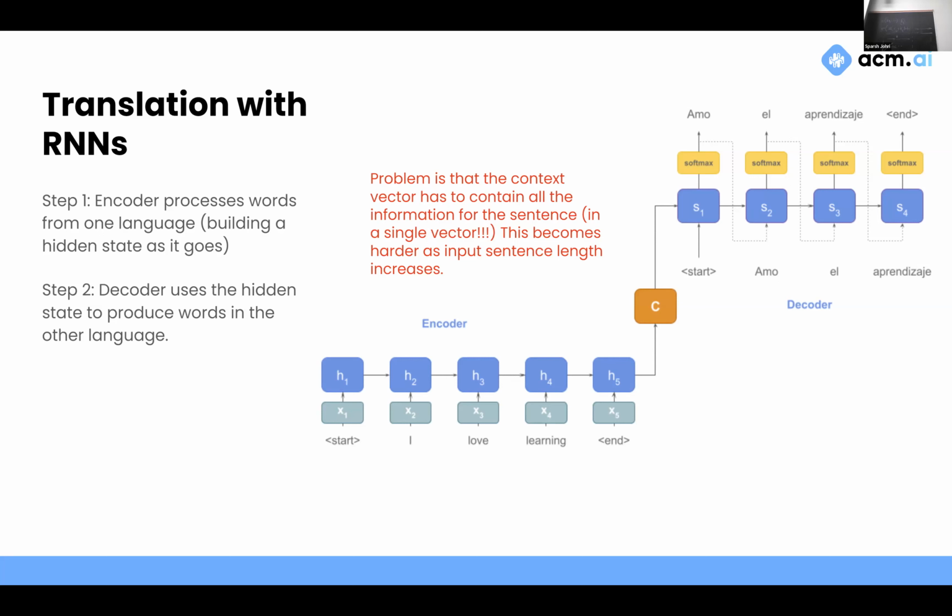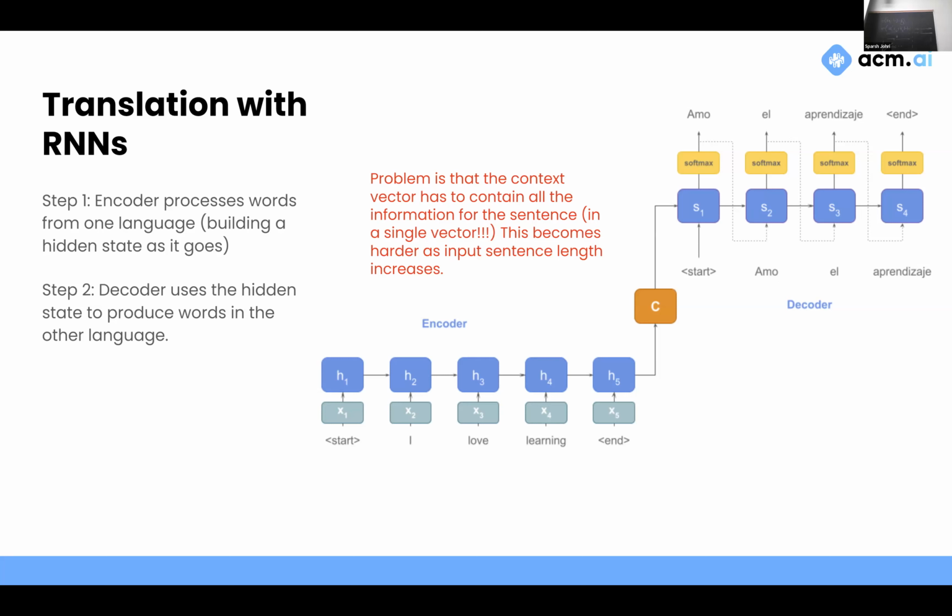So if we grab this, it would probably only represent the word I. This could only represent I love, and this could only be learning. And then maybe here it would be a period, and finally it ended. We're trying to encode this sentence into a vector.